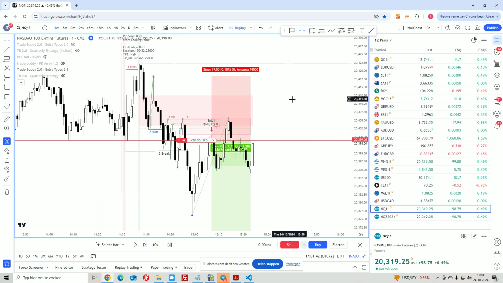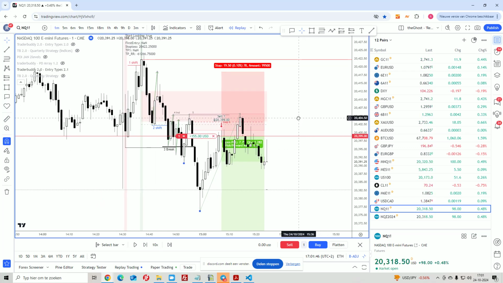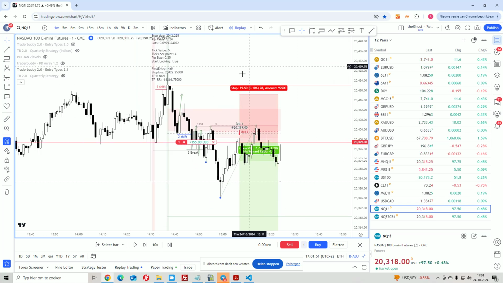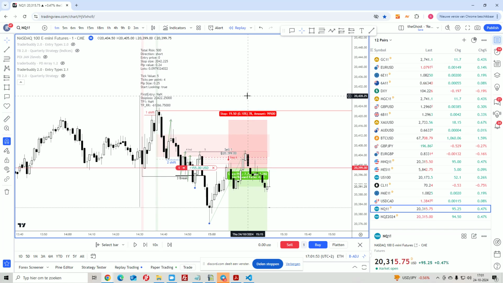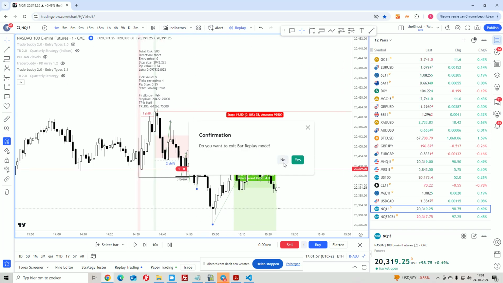Why did we not have the entry? It should state something over here, but just a second, guys.